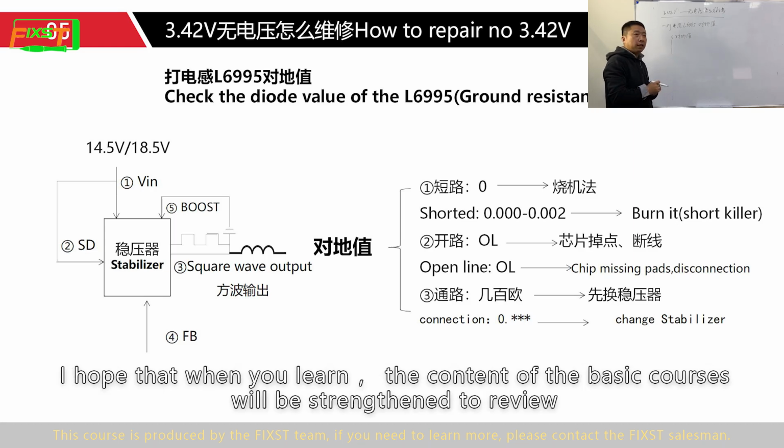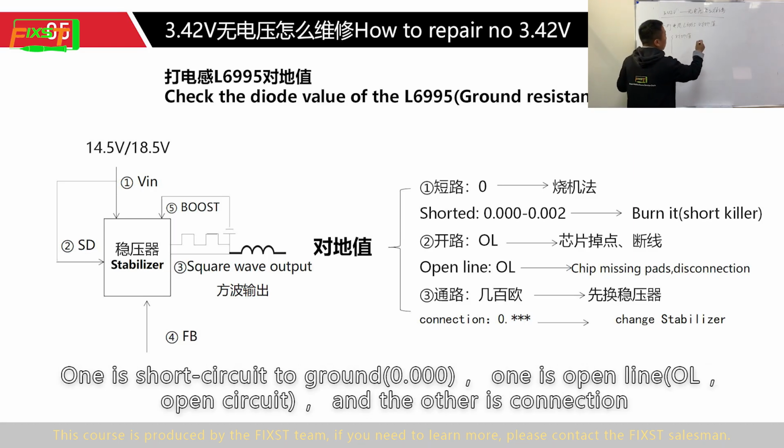I hope that when you are learning, you should also review the content of the basic course. One is short circuit to ground, 0, 0. One is open line, OL, open circuit. And the other is connection.